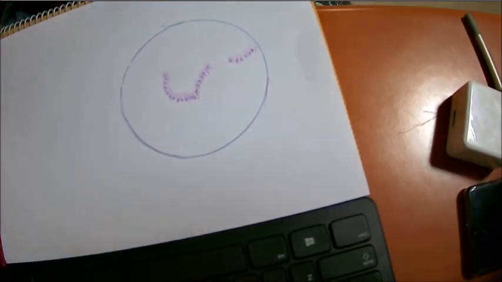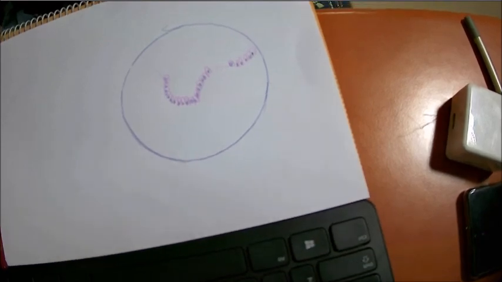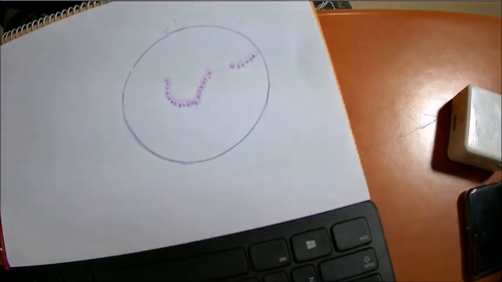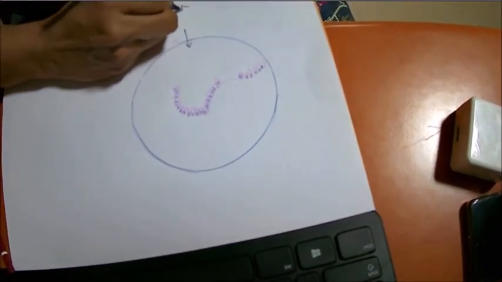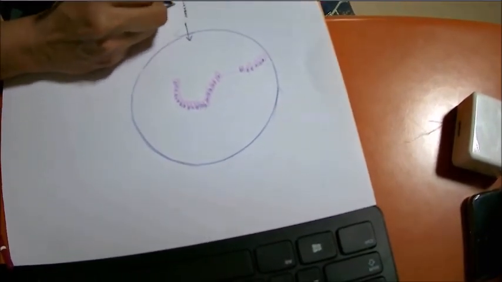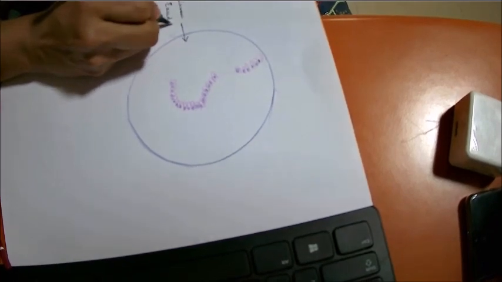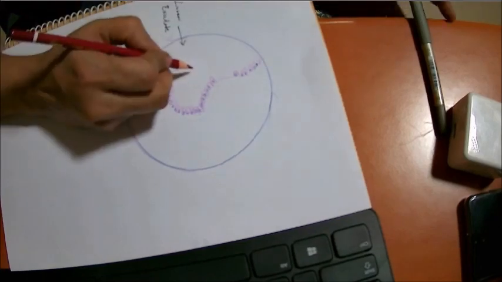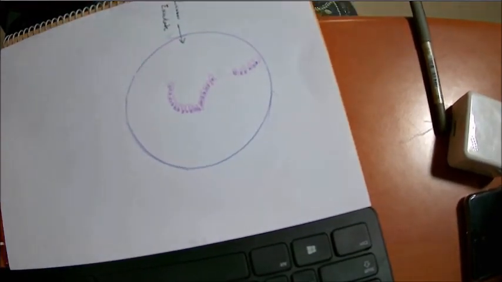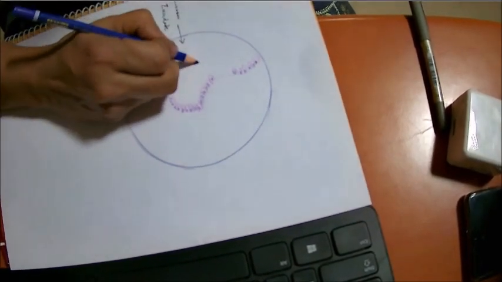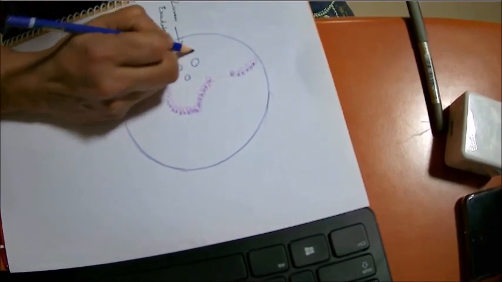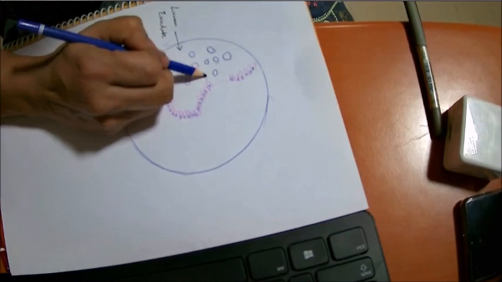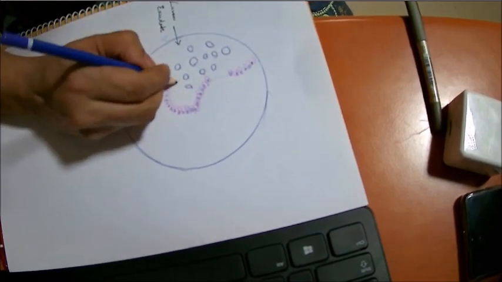So what should we write in the lumen now? The lumen has exudate. So what does exudate mean? It is purulent material. Okay, so plenty of neutrophils let us draw. You can draw the outline of the cell and then write the nucleus within.